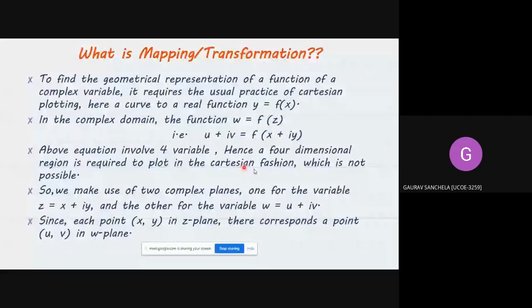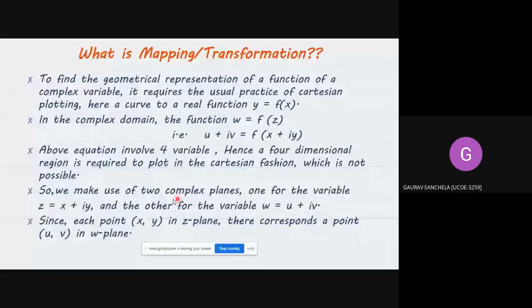So we are using the complex planes. One variable z equals x plus iy, and the other variable w equals u plus iv. Each point x, y in the z plane corresponds to a point u, v in the w plane.